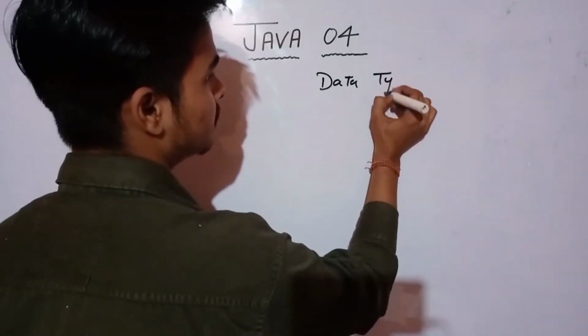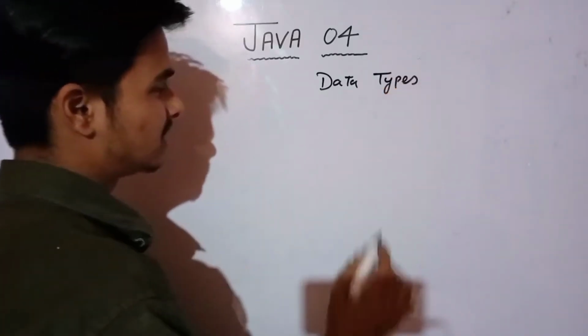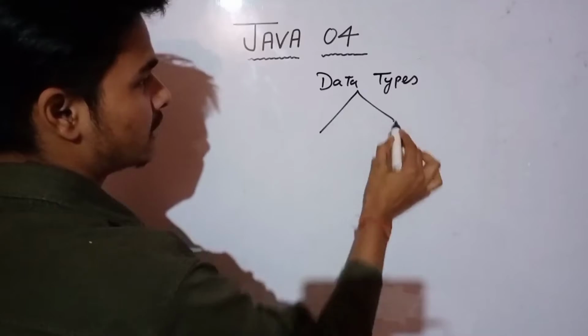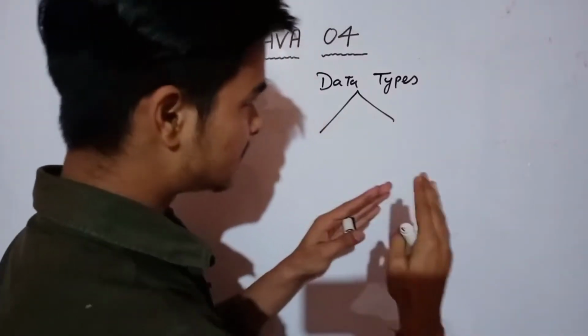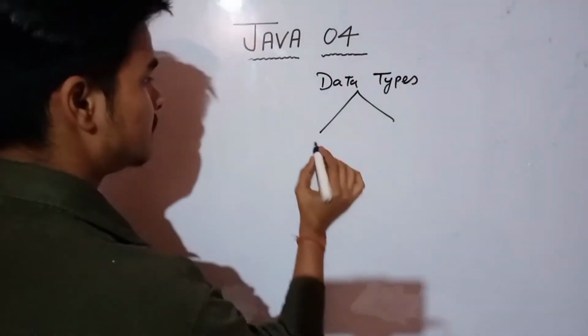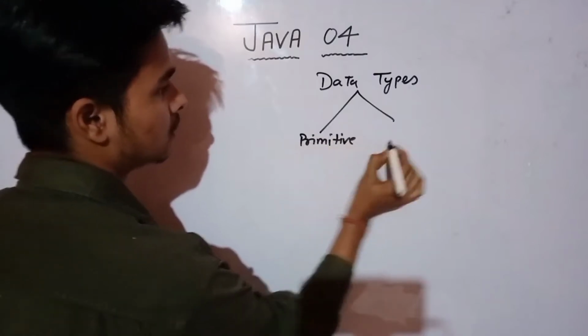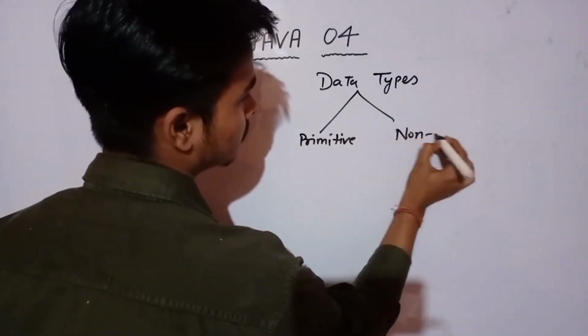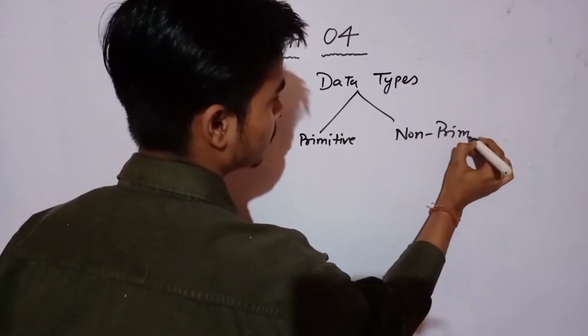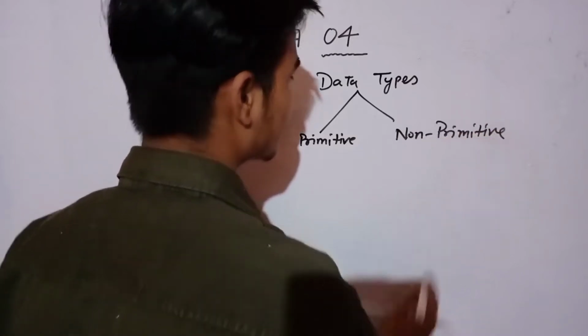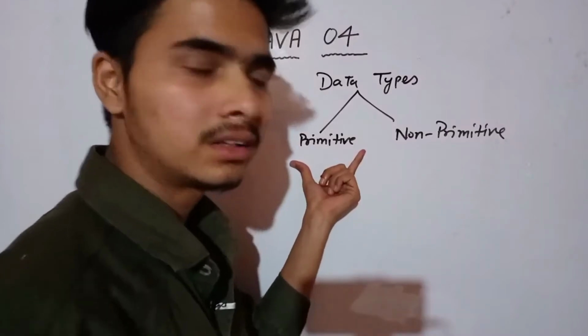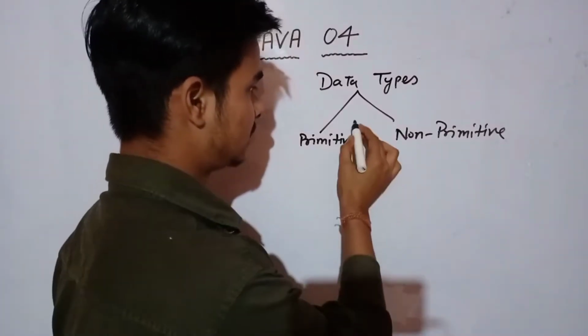So data types. Firstly, data types are classified into two, which are known as primitive and non-primitive. Primitive are the syllabus of class 9th.